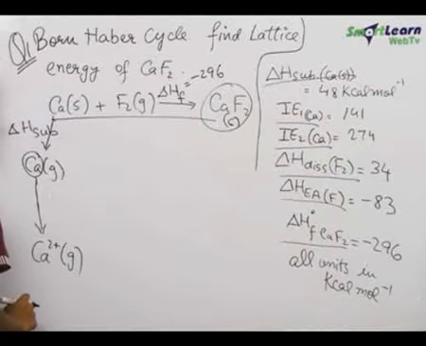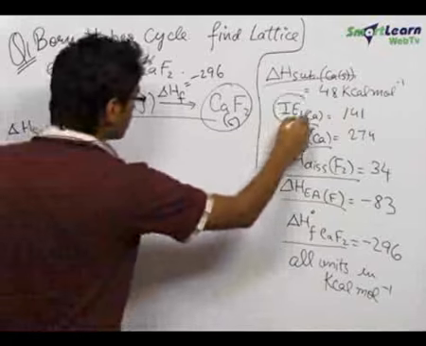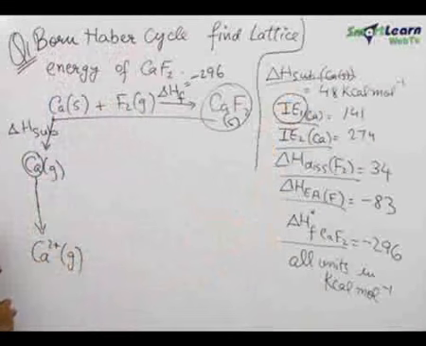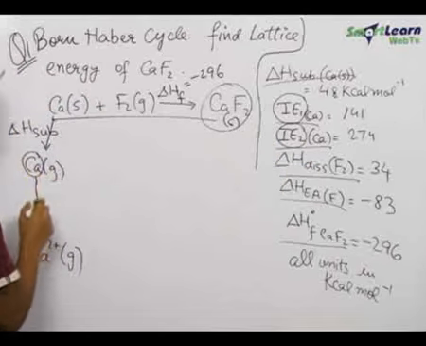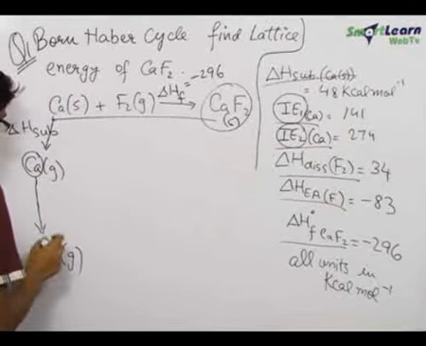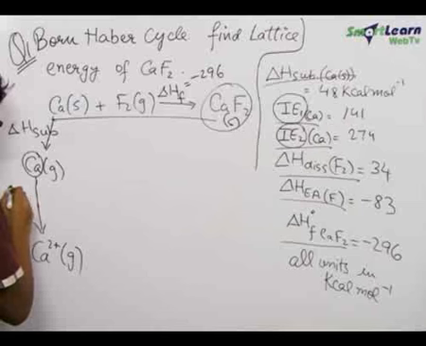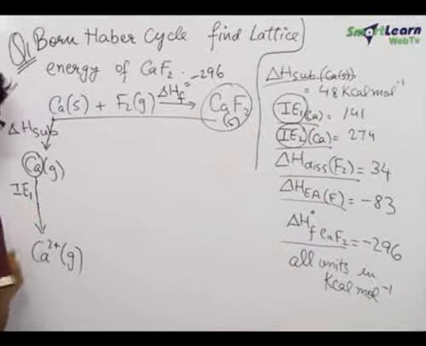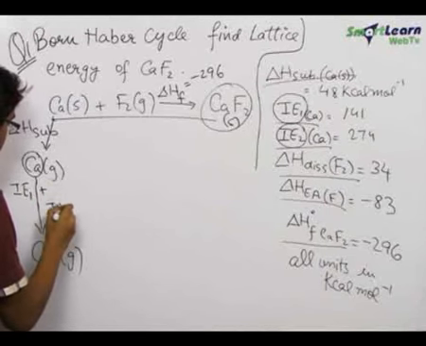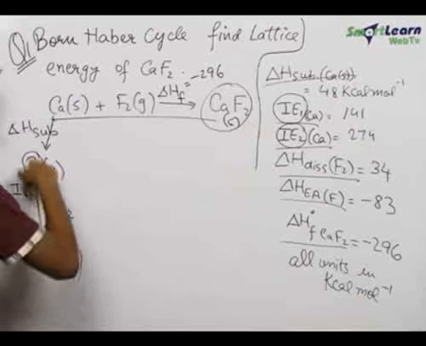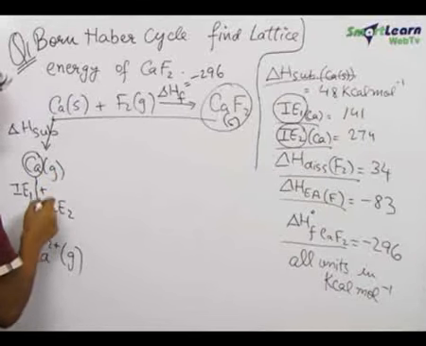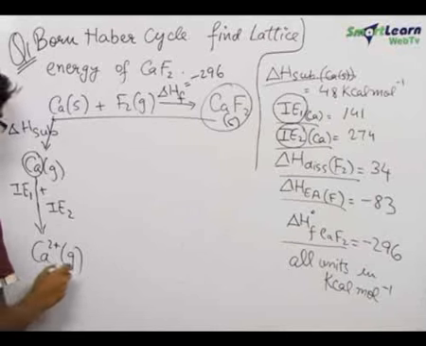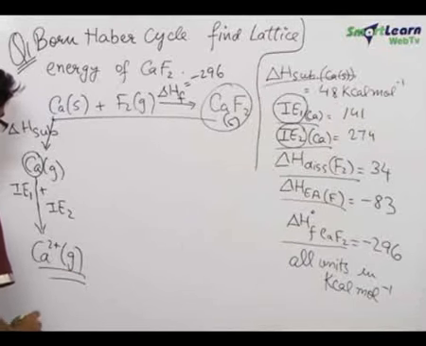The first step involves the first ionization energy, and the second step involves the second ionization energy. So going from calcium gas to Ca 2 plus gas, we require the first ionization energy plus the second ionization energy. It cannot be directly converted. It has to be converted from calcium to Ca plus and from Ca plus to Ca 2 plus. So here we get Ca 2 plus gas.